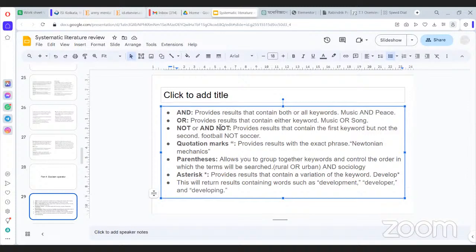Here you can find the AND. It provides results that contain both or all keywords, music and peace. If you write this, you will get only the abstracts related to music and peace.